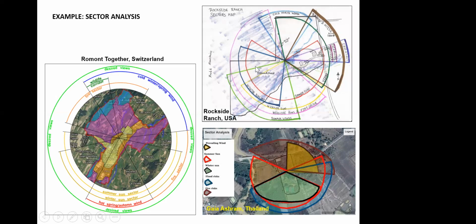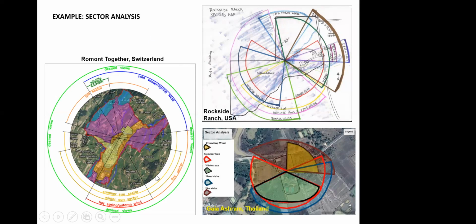They've got the winter runoff rain, they've got the summer winds, they've got wildlife intrusions, and so forth. So this type of sector analysis helps you very much to inform your concept design.